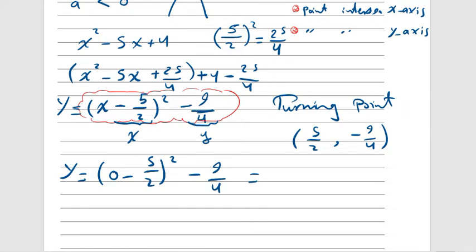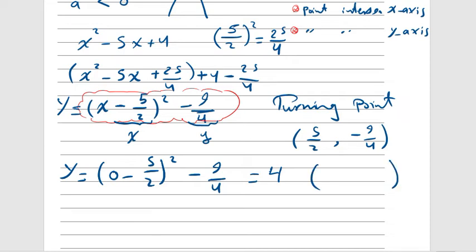Here it's 25 over 4 minus 9 over 4, which equals 4. This is the y coordinate of this point.